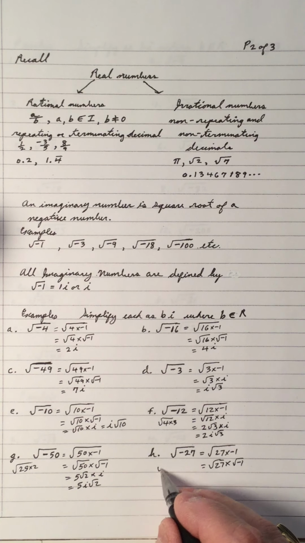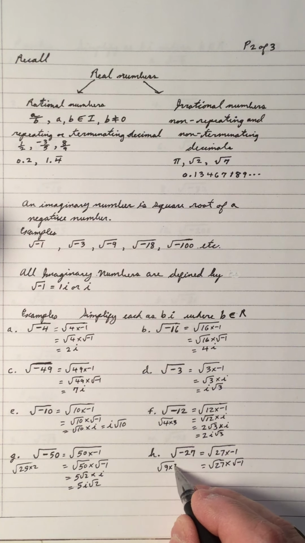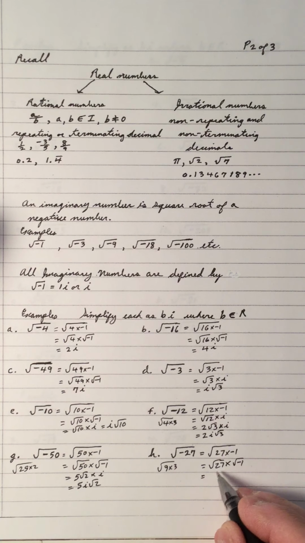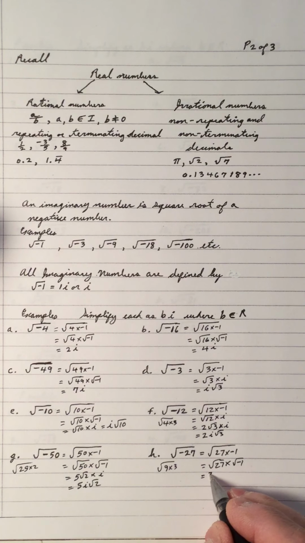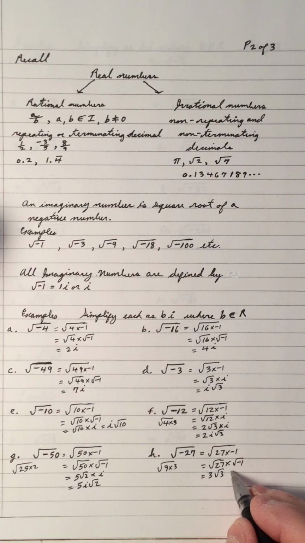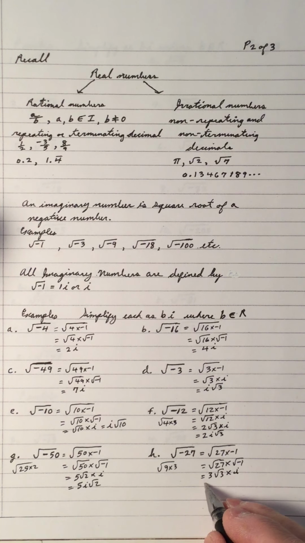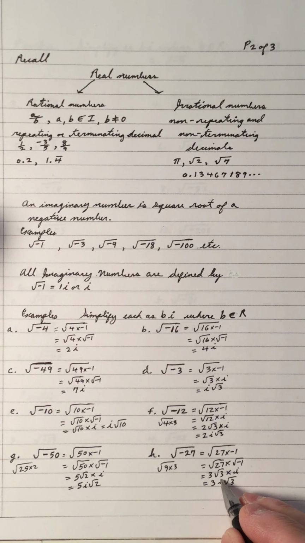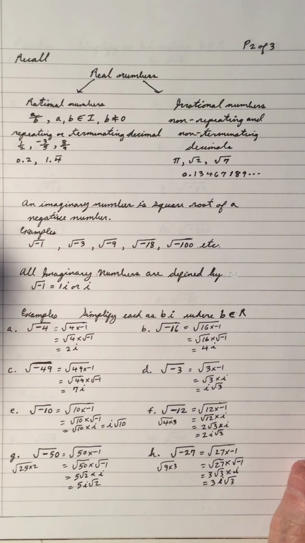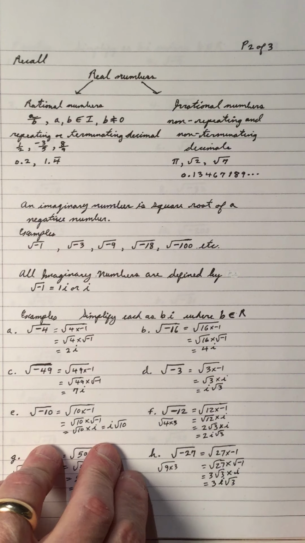The square root of 27 is the square root of 9 times 3. So the square root of 27 is 3 root 3, times i. And that's 3i root 3. It just takes a while to get used to writing them down.